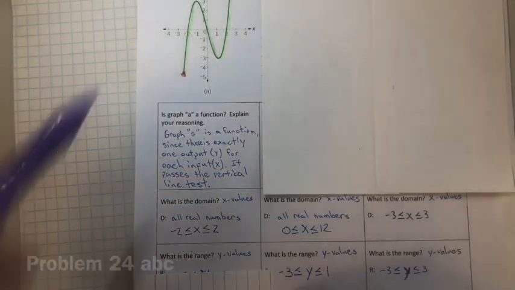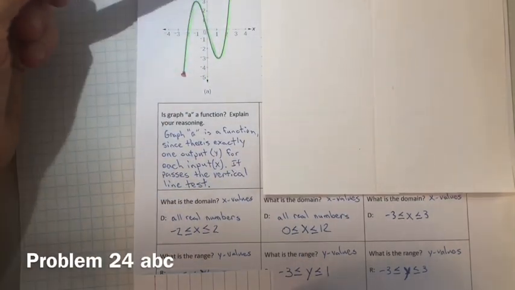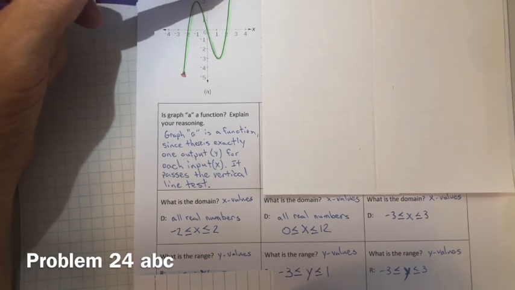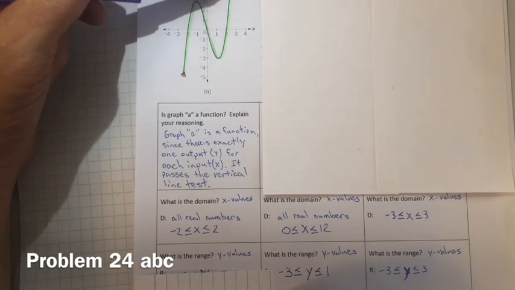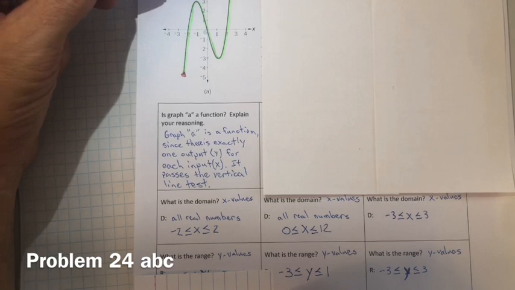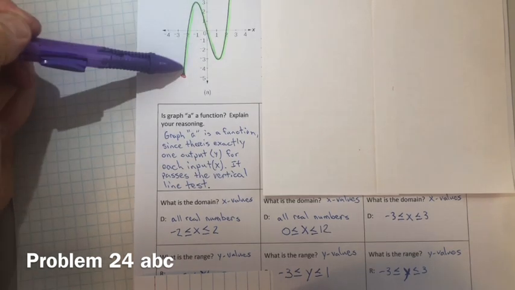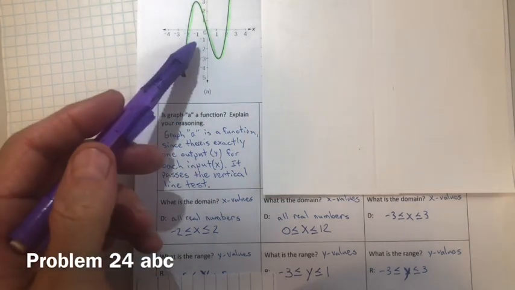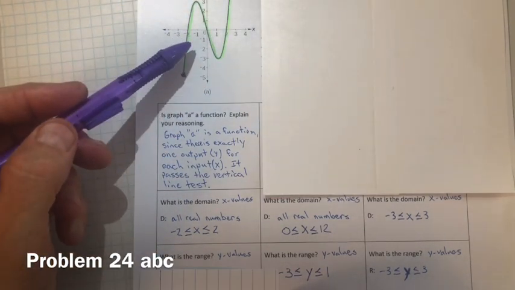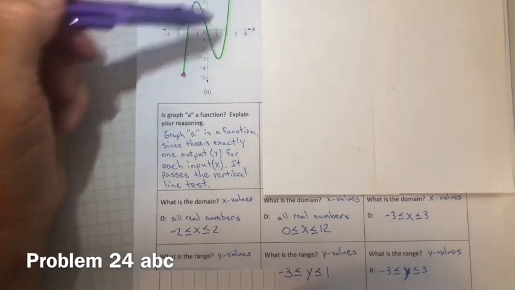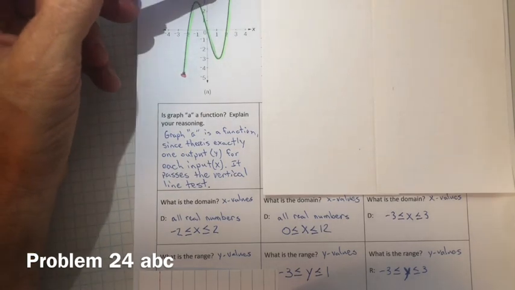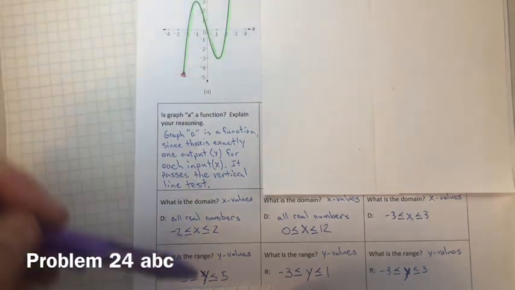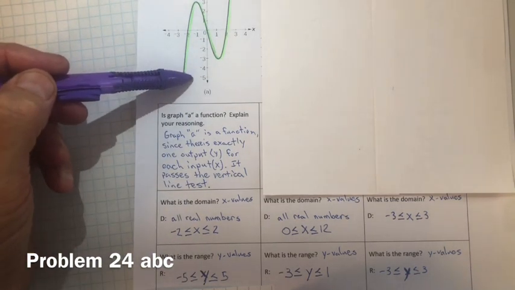The range are all the y values. Well, if these were arrows instead of points, it's going to go forever towards the positive y's and forever down towards the negative y's. So the range would be all real numbers. Now I put points here, so it's going to stop here. So our range is y is going to be greater than or equal to -5.